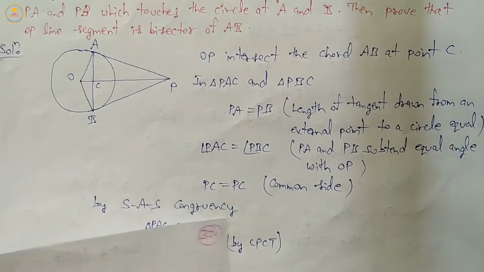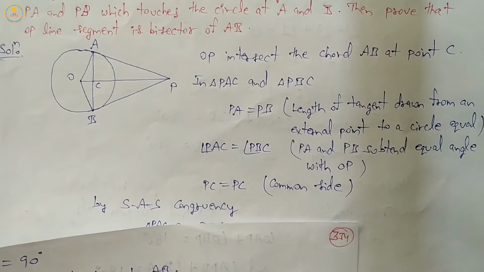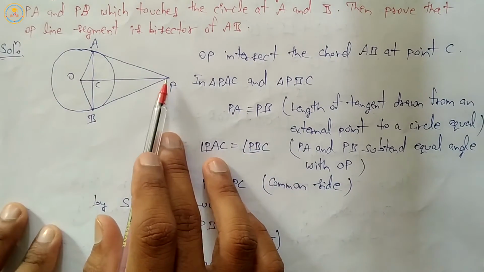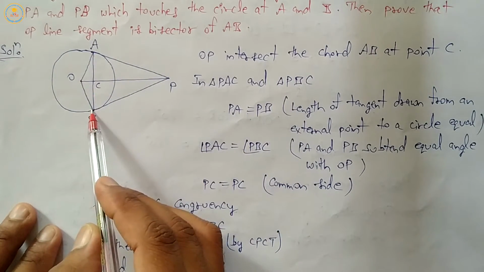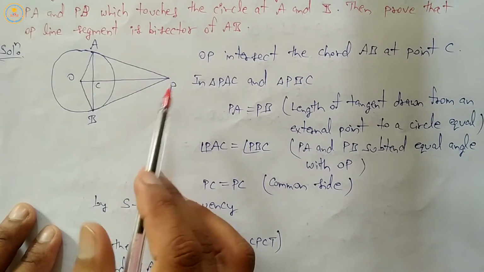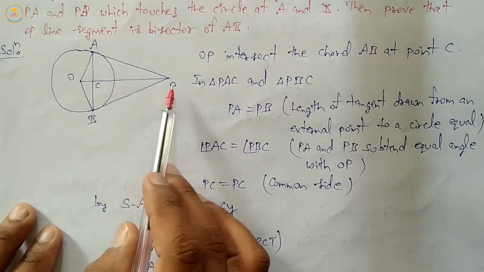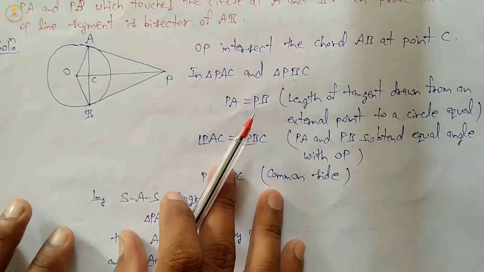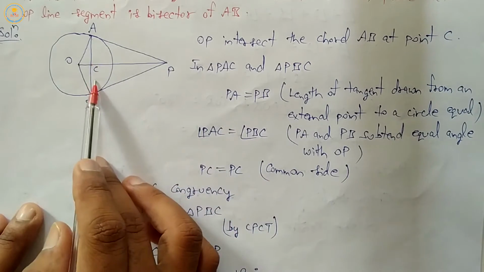A simple theorem, a simple statement. We only use the exterior point, tangent PA and tangent PB. AB is a chord, and OP intersects AB at point C. In triangles ACP and BCP we proved congruency, so corresponding parts are equal.